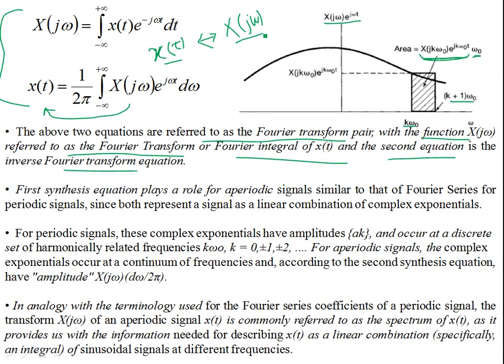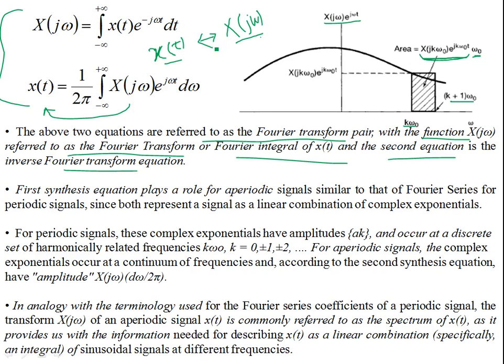X(j omega) is the envelope of the Fourier series coefficients, which represents the strength of the Fourier coefficients at the given harmonics. In itself it represents the strength of the harmonics, the frequency components contained in the signal.